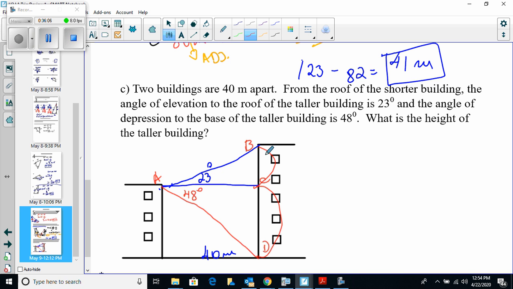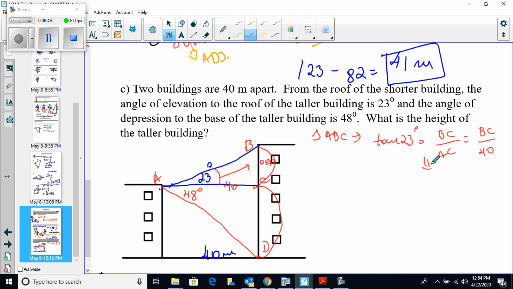So the problem now is, knowing that AC is 40 meters, what will be BC on triangle ABC? So you deal with triangle ABC, 23 degrees. This is the opposite. This is 40. So it is tangent 23 is equal to BC over AC, which is BC over 40.